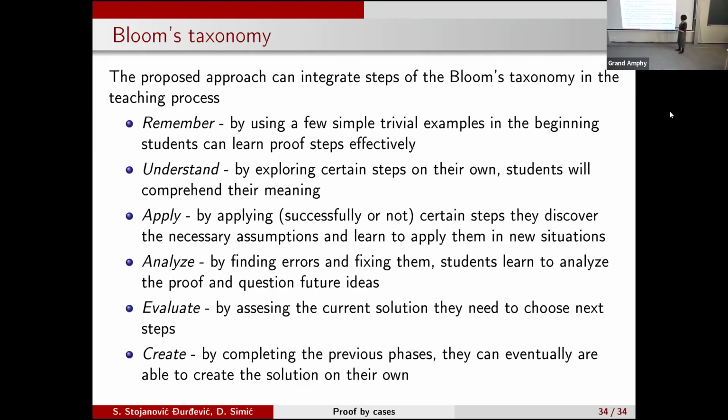Also, at the end, I think that they will be able to create their own solutions. I think that these types of systems with low-level axioms are good for learning, not for cheating. It is not efficient enough so that you can cheat.